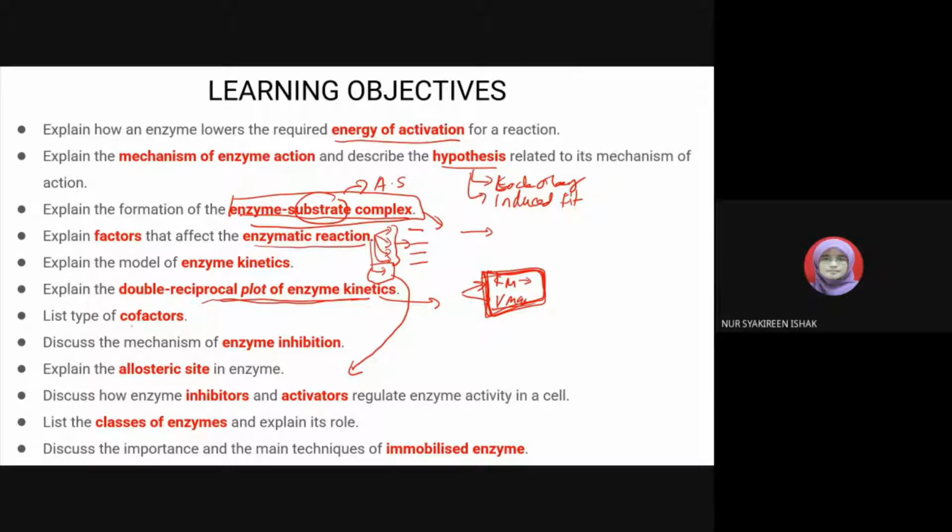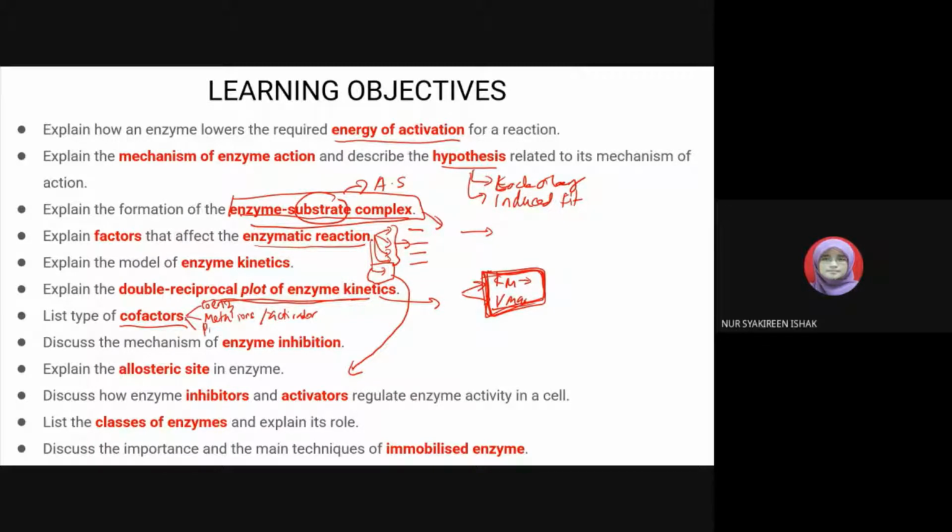So list types of cofactors. Okay. So cofactors, there are mainly three types. Okay. So you have the coenzyme. Okay. You have the metal ions or activator. Okay, and then you have the prosthetic group.